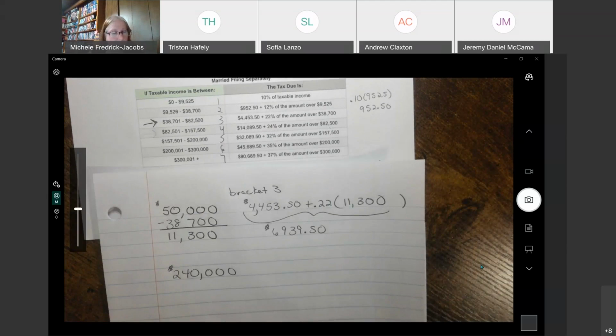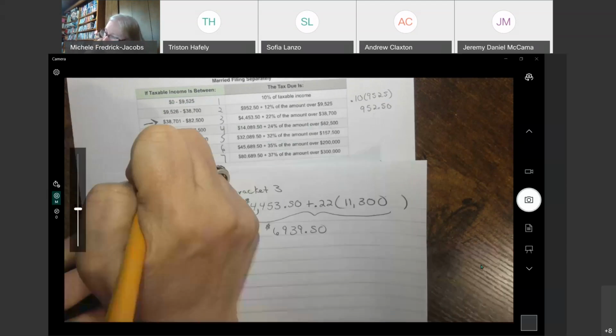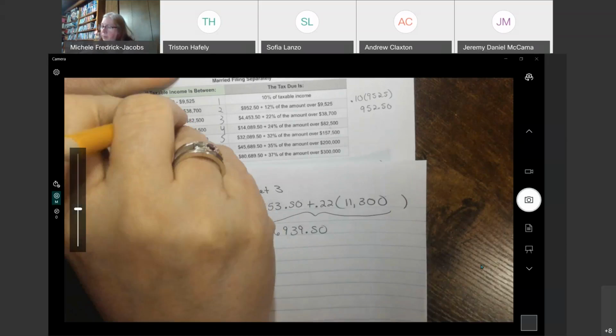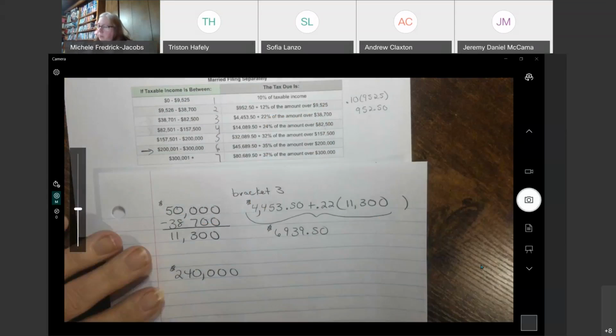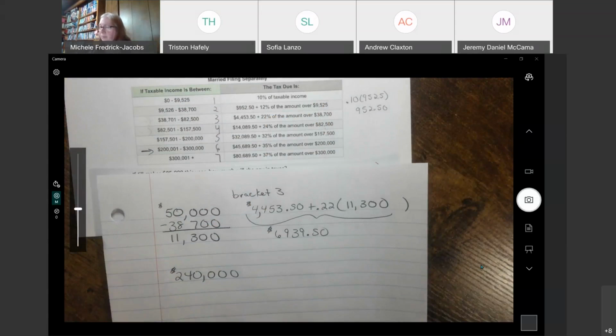Would it go into bracket number 6? Yep. 240,000 is between the 200,000 and the 300,000, so we would now be in the 6th bracket, or the 35% rate.